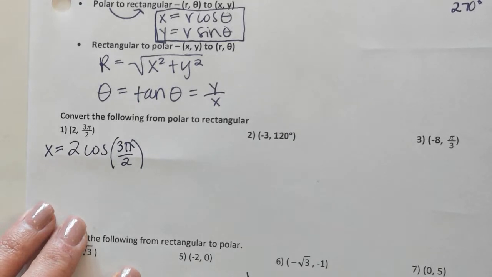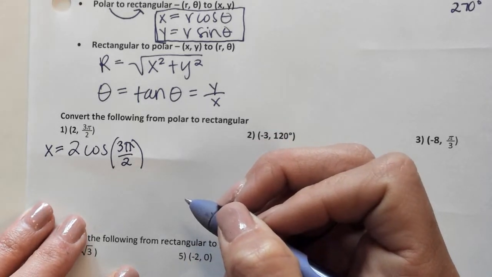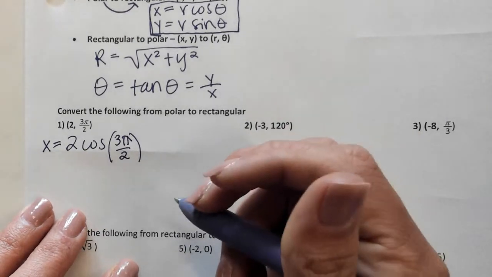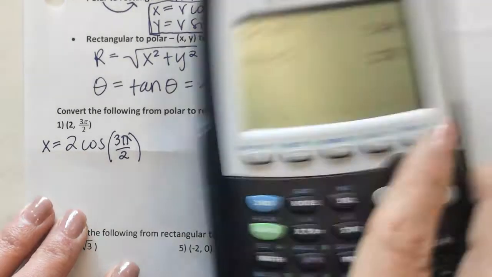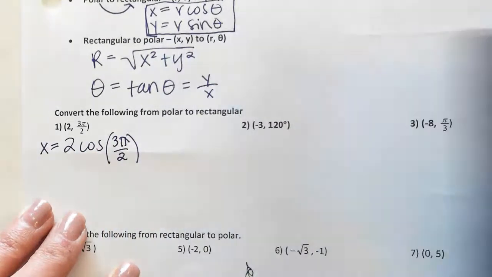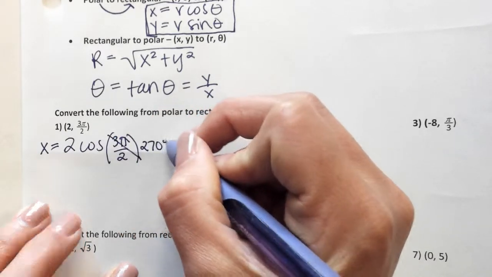You sure? Y'all know y'all don't have to guess, right? You can just type it in, 3 times 180 divided by 2. So it's 270. So cosine of 270, I'm going to mark that out.